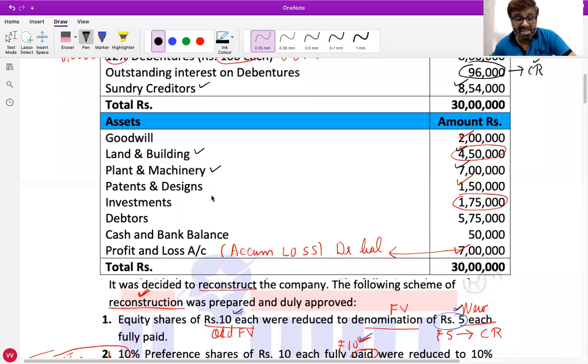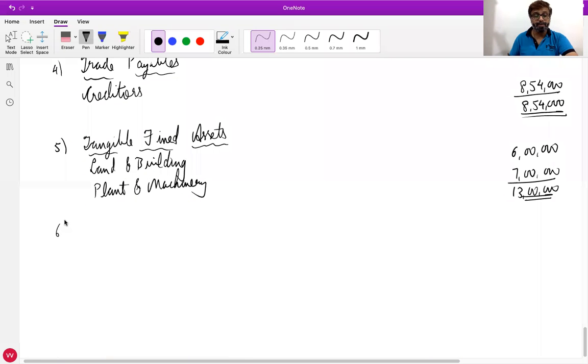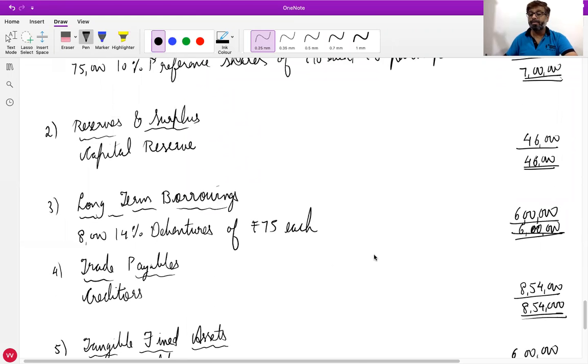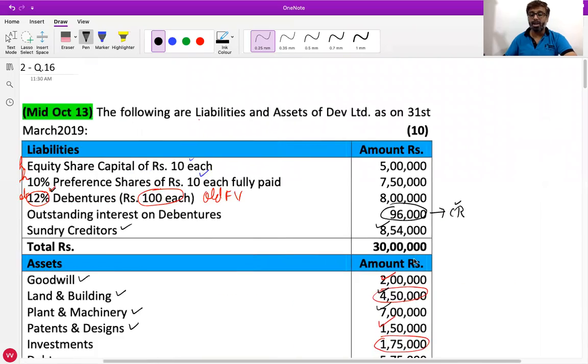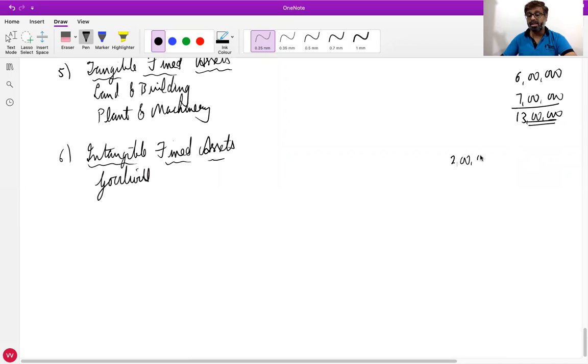Now, intangible fixed assets, we will have goodwill and patents, and in both the cases we have to show the written off. Goodwill is 2 lakhs minus written off under the scheme of reconstruction 2 lakhs. This we have to compulsorily show for 5 years.